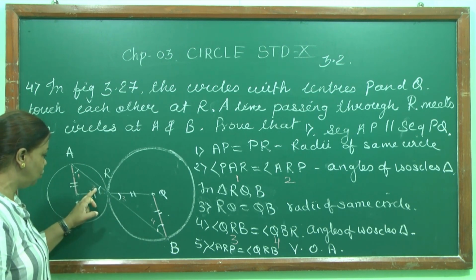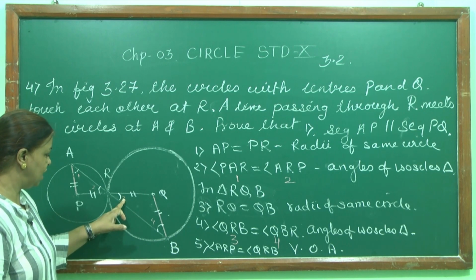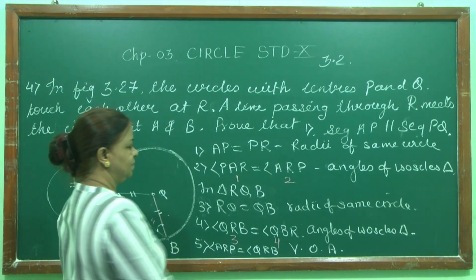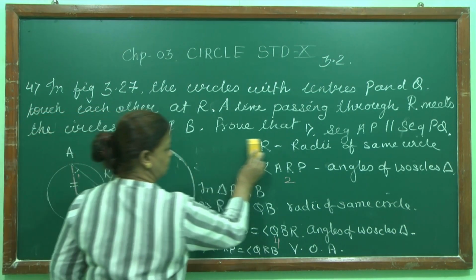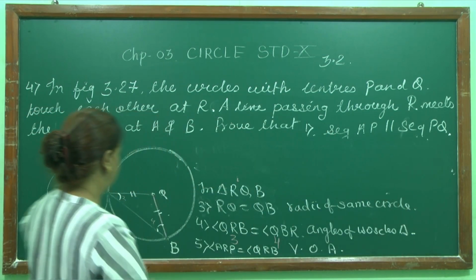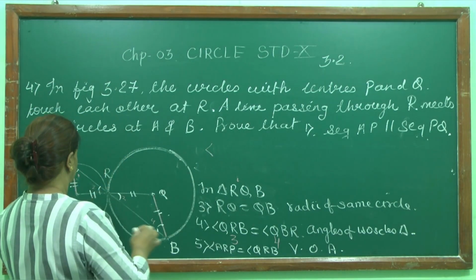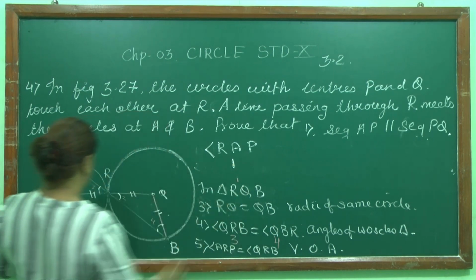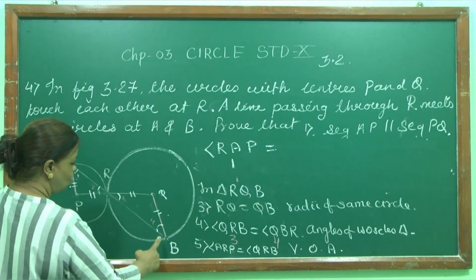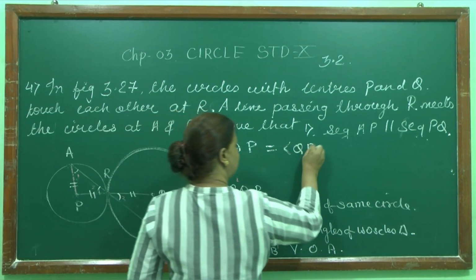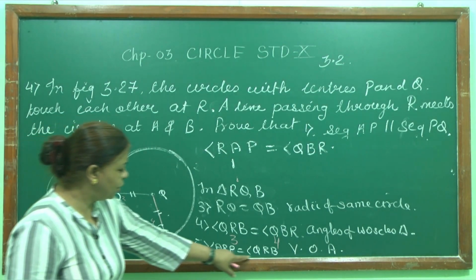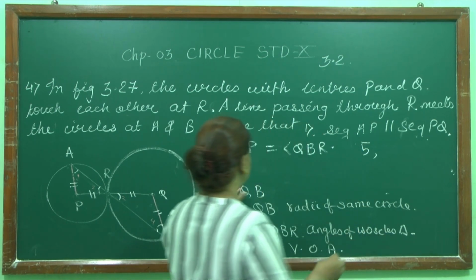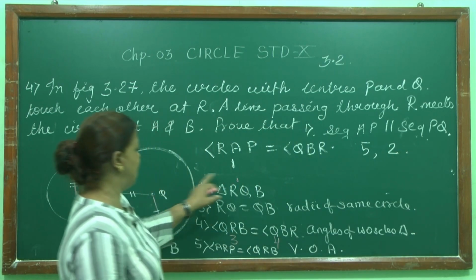So I can write angle RAP, that is one angle, is equal to angle QBR, from fifth and from second point, which we have here.